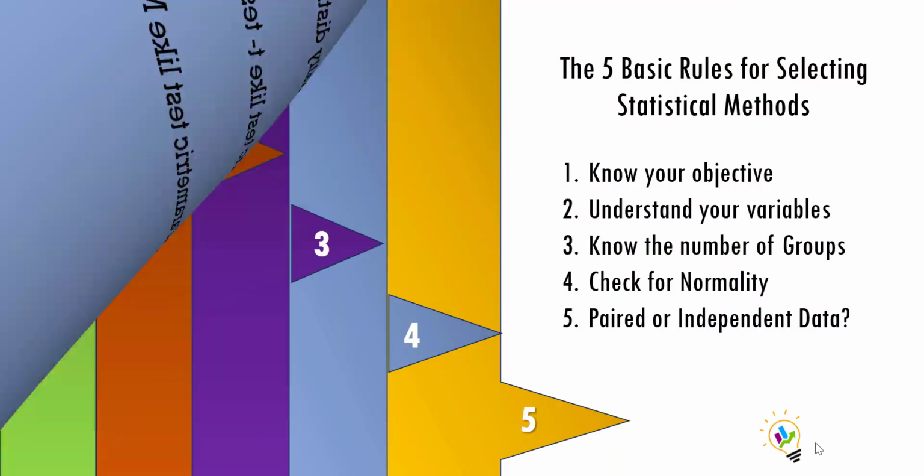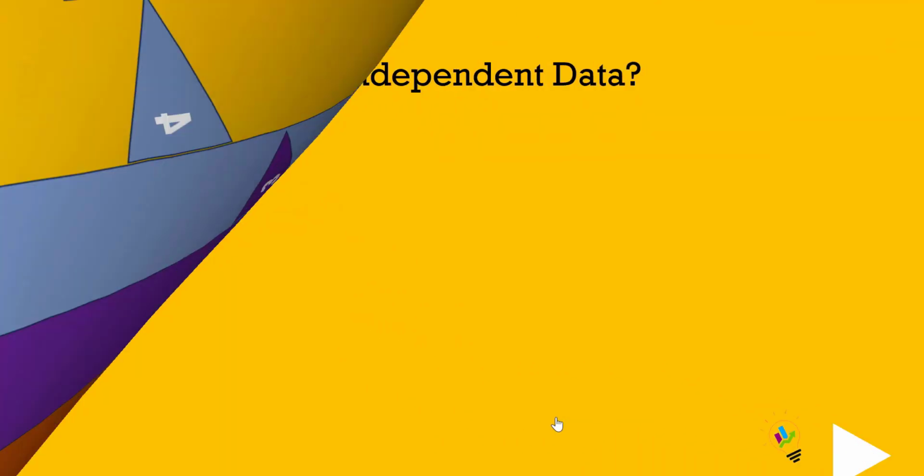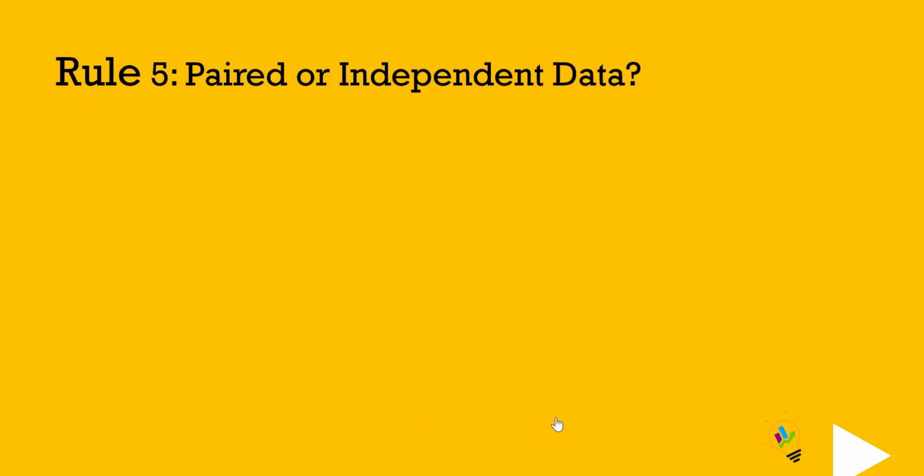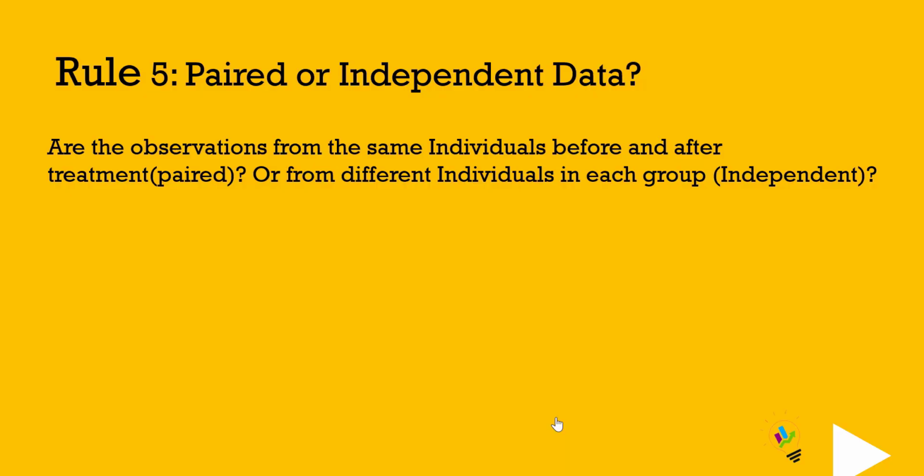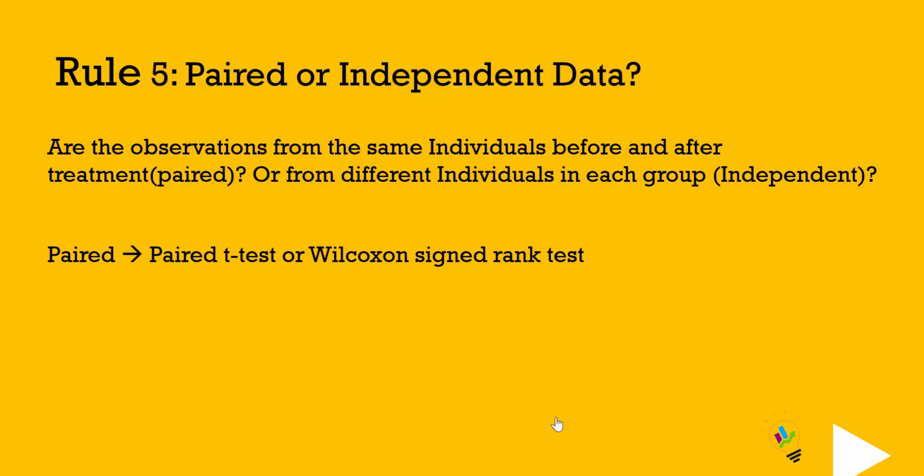And the fifth one is paired or independent relationship between the variables. If we have two variables and these variables are dependent, like we are doing a test, marks before training and after training, in that case we are going to use a paired t-test or Wilcoxon signed rank test.